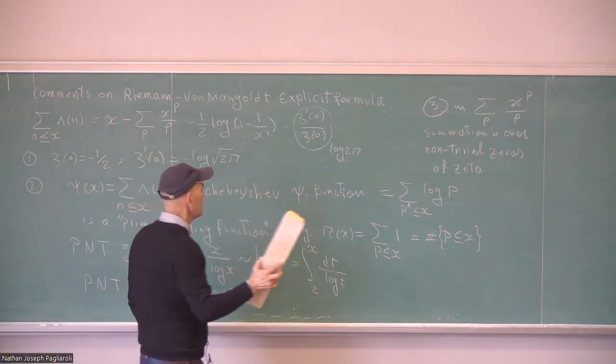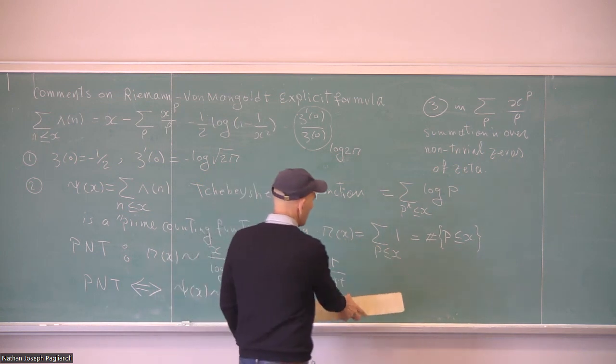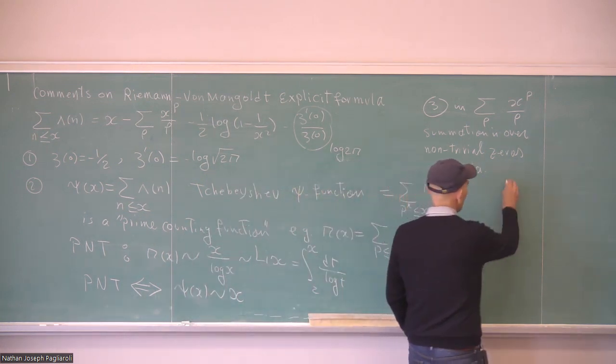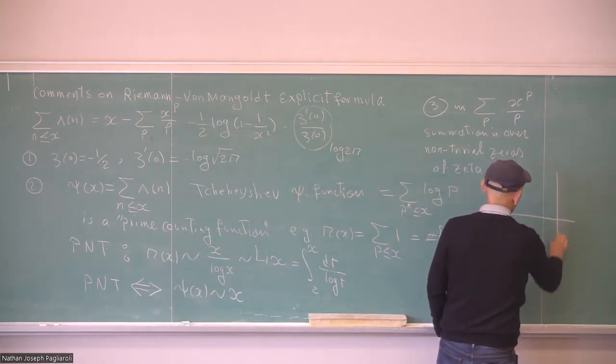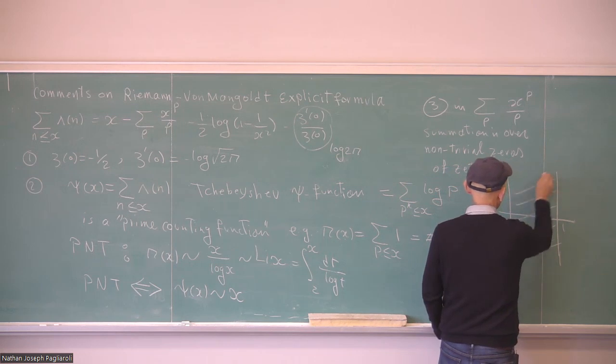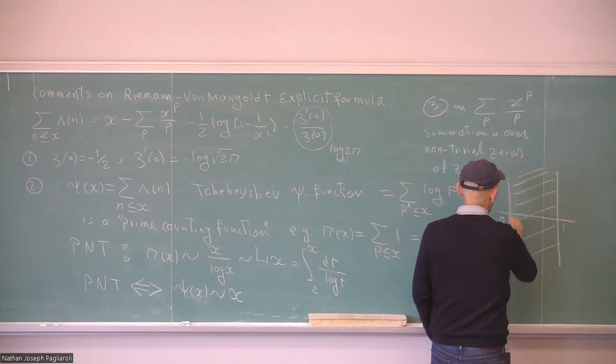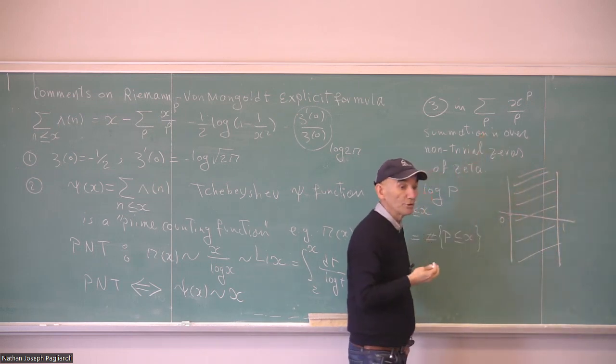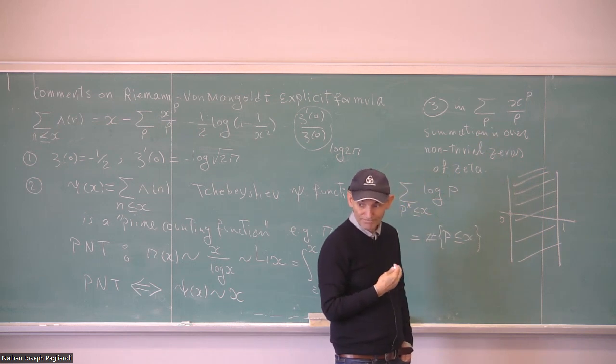But let me write it down so that you can see. So here is the picture. You should bear in mind. This is 1, this is 0, and all non-trivial zeros are here. And a priori, this line and this line are also included in the formula. Potentially, they're there as well.